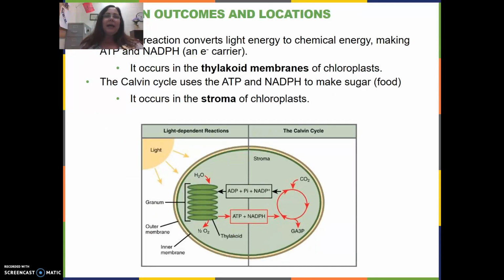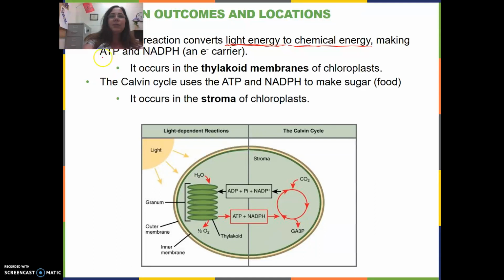Now, the light reactions, which are often called the light-dependent reactions, are used to produce ATP and a molecule called NADPH, which will go on, in the Calvin cycle, to help convert carbon dioxide into sugar.